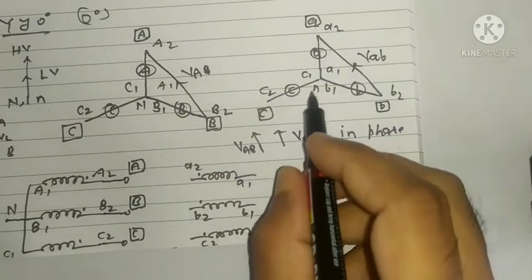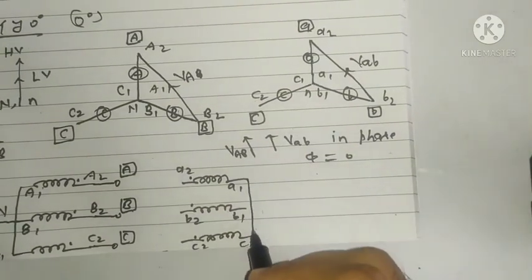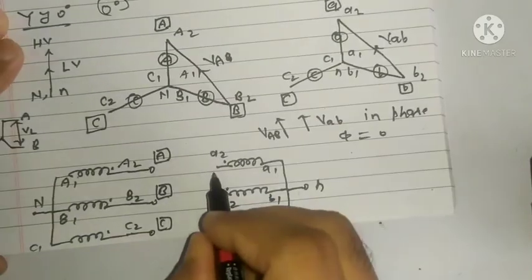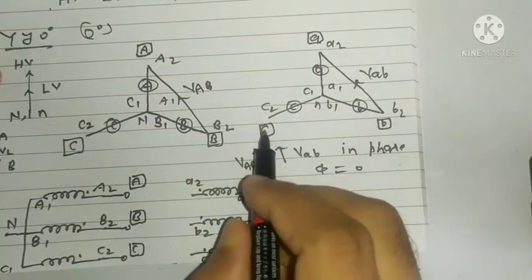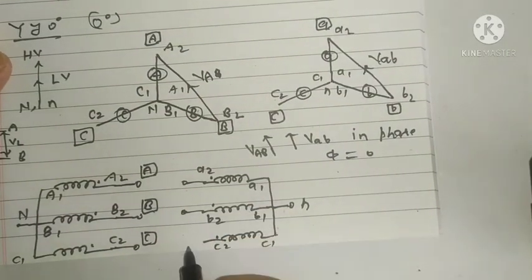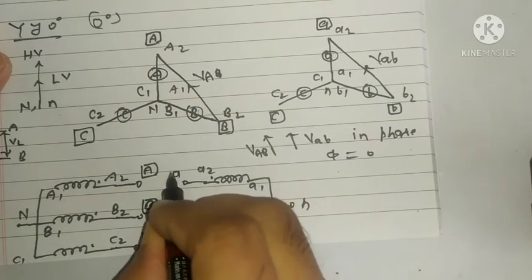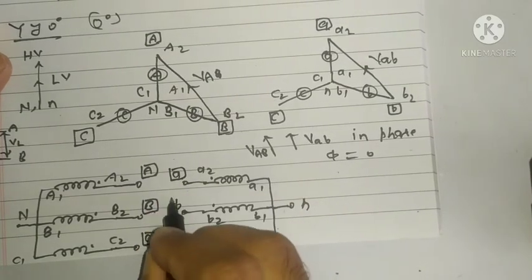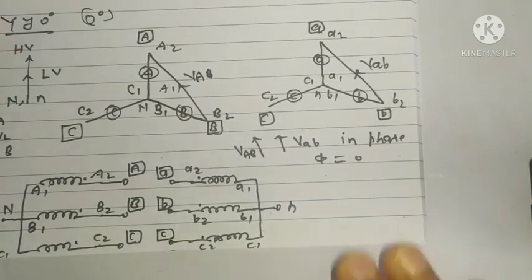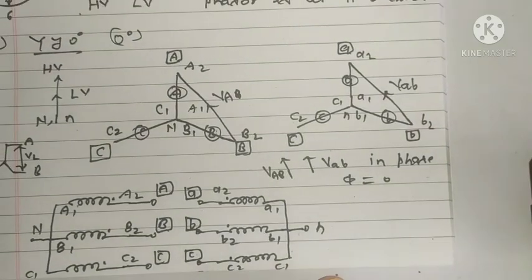And here also A1 B1 C1 are connected together, so this will become neutral of LV side, and A2 B2 C2 are coming out as terminals, so these are the terminals of secondary side A B C. So we will see remaining connections in a next video.